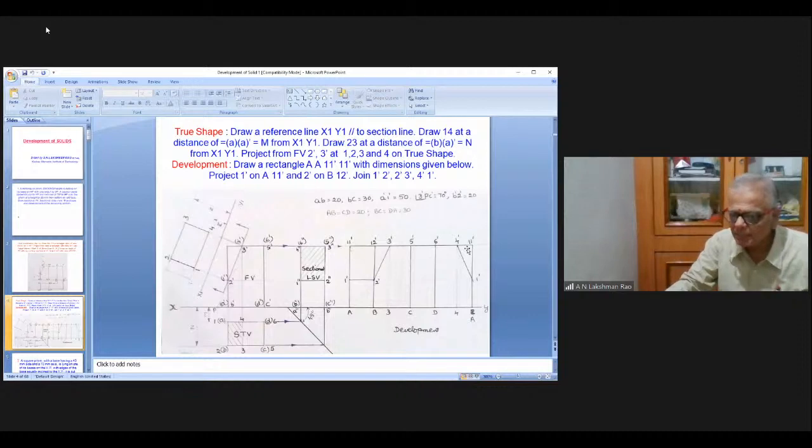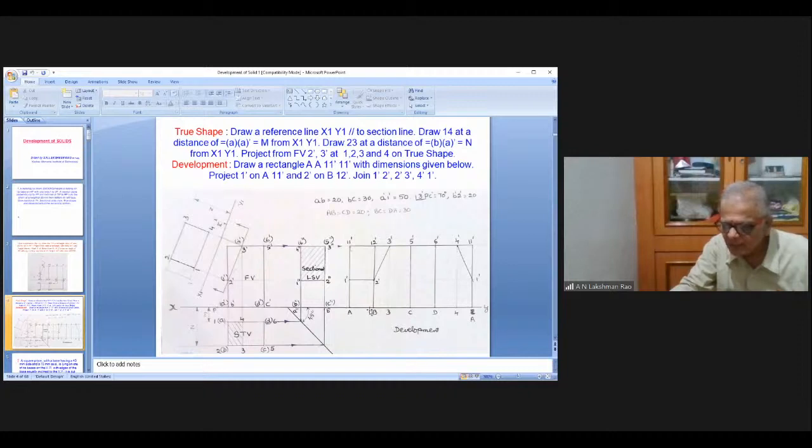How to draw the development? From here, draw a horizontal line so that height is maintained. Now, somewhere I choose a point A, not very far off, very near. I mark A, measure AB, mark here capital B. From B to C, measure it, mark C. C to D, D to A. So A to B, B to C, C to D, D to A. I mark 5 points so that all the 4 sides I got it.